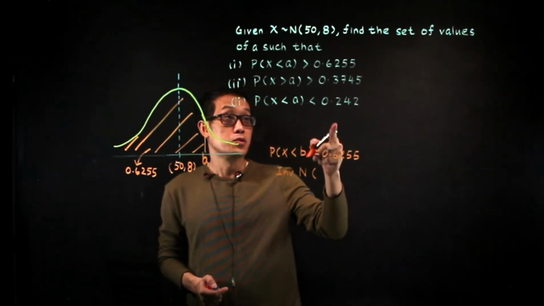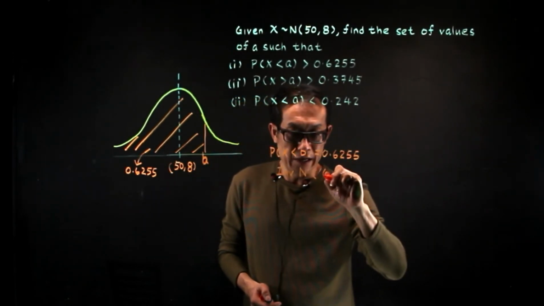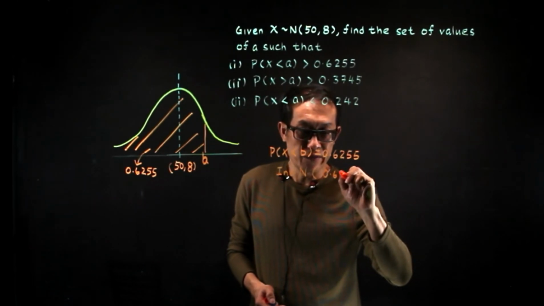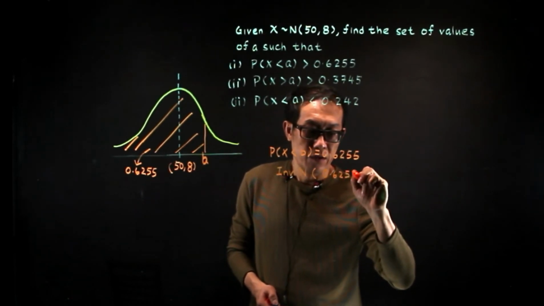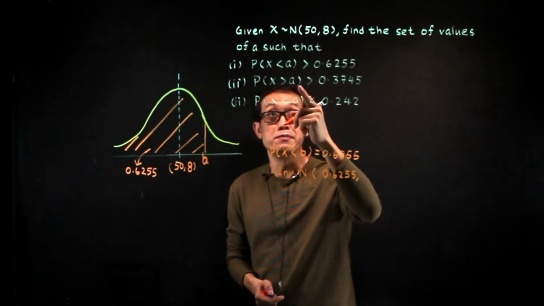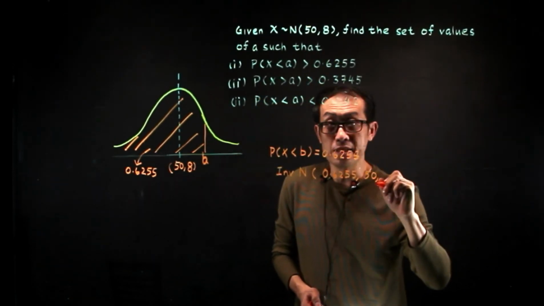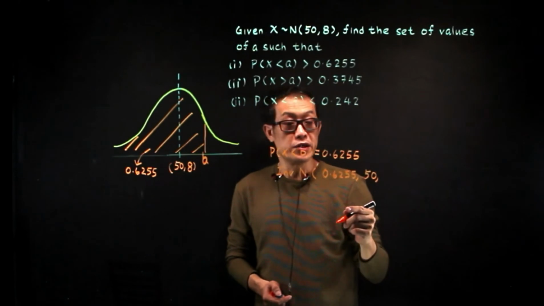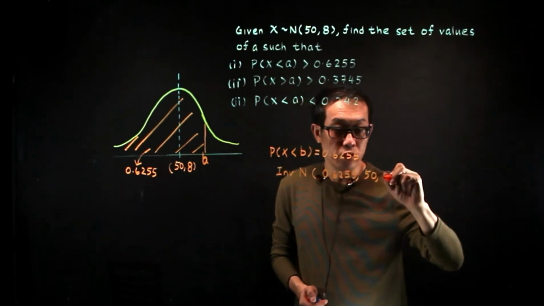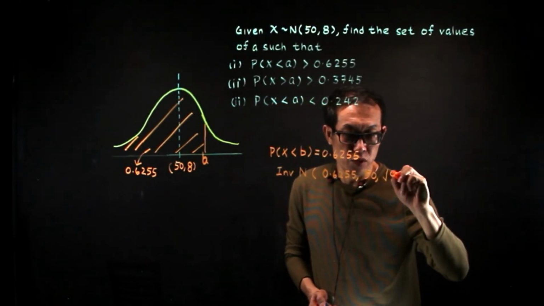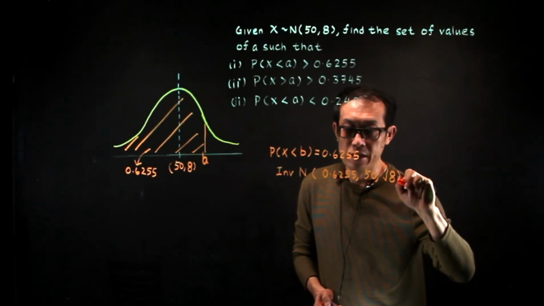The first thing they'll prompt you is the area, 0.6255, followed by its mean. Its mean is 50, and its standard deviation is the square root of 8. Remember to do a square root.